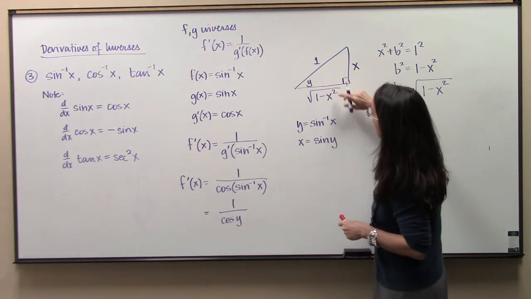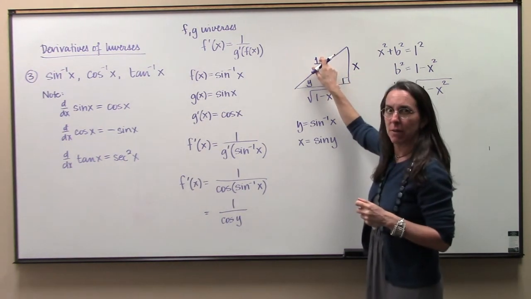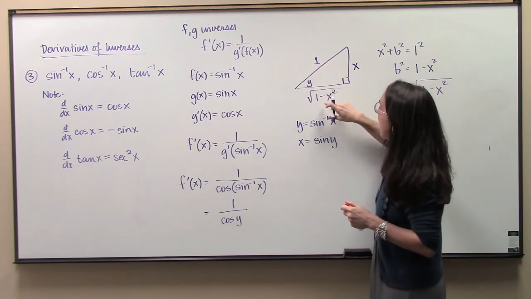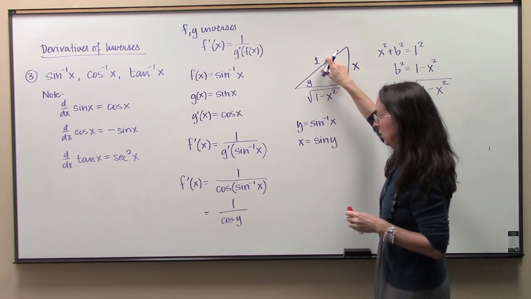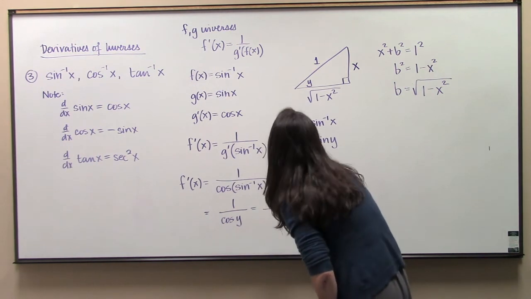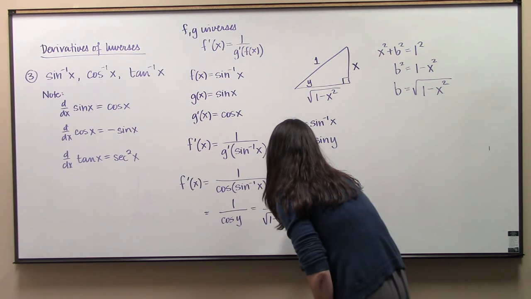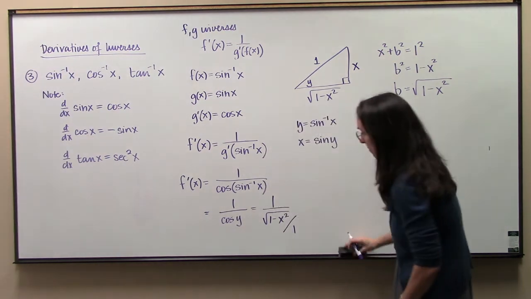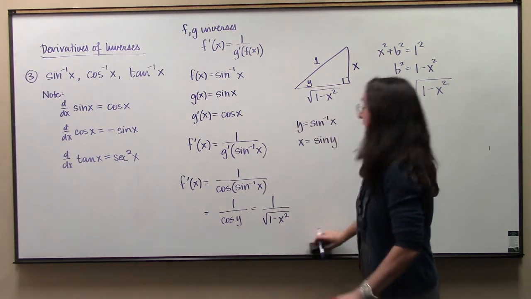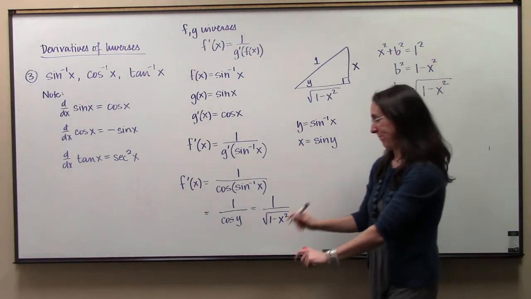So for this angle, this is adjacent, and this is the hypotenuse. Is that what I said before? Well, that's what it is. Adjacent over hypotenuse. So 1 over the cosine of y is 1 over the square root of 1 minus x squared divided by 1, and dividing by 1 doesn't do anything. And that is the derivative of arc sine.